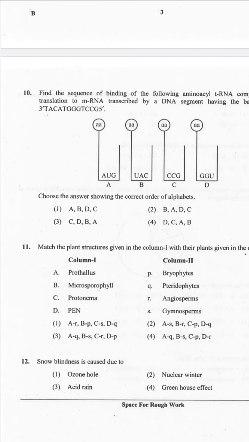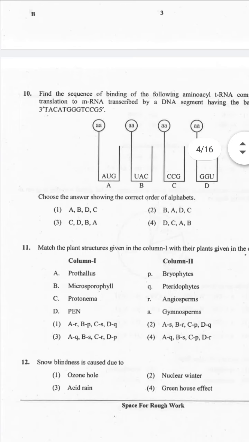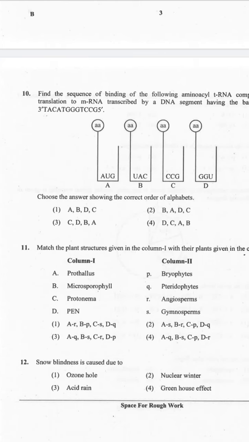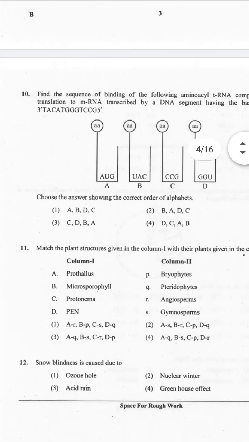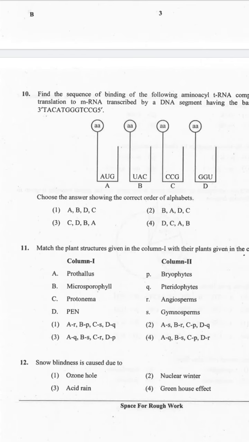Choose the correct answer showing the correct order of alphabets. The correct order of alphabets is option B, it means option 2, BADC. UAC, AUG, GGU, CCG. Hope you understood this one.